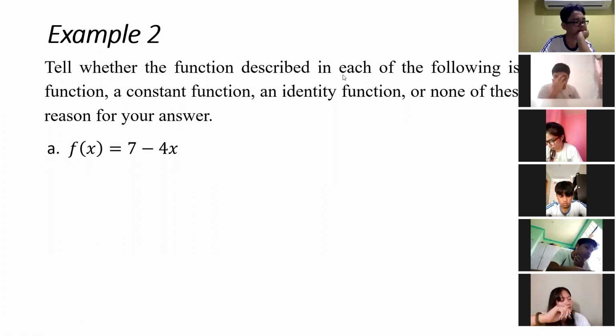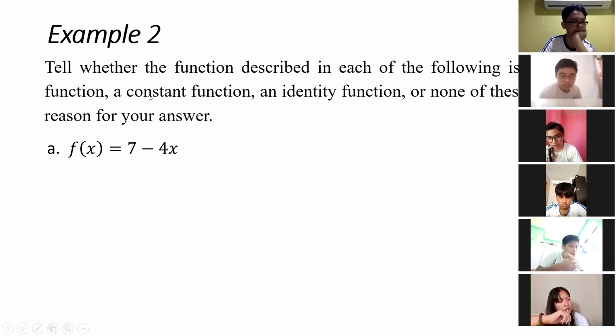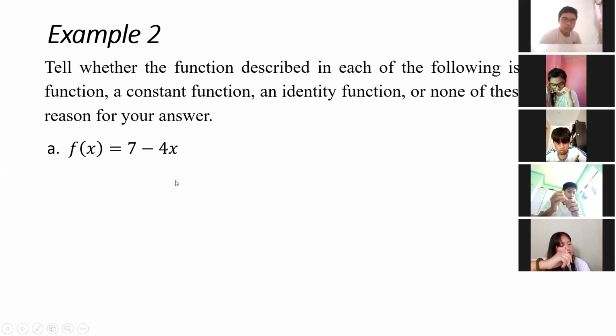I wish to ask the new students if you have an idea on letter A. Let me start with Sean. Sean, is letter A linear, an identity, or a constant? Answer. A linear function, sir.